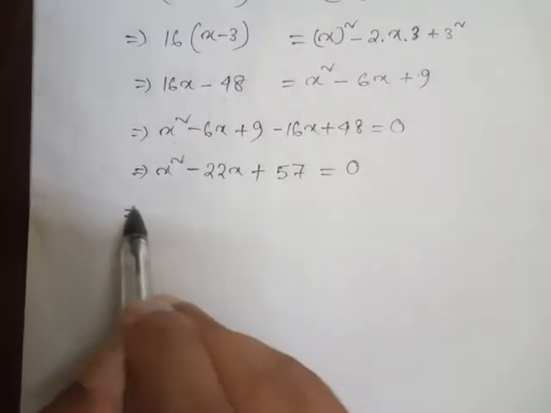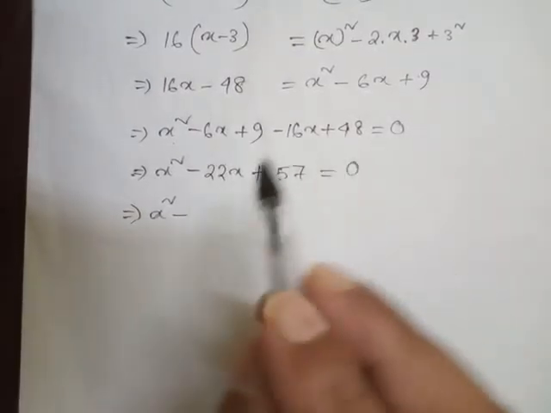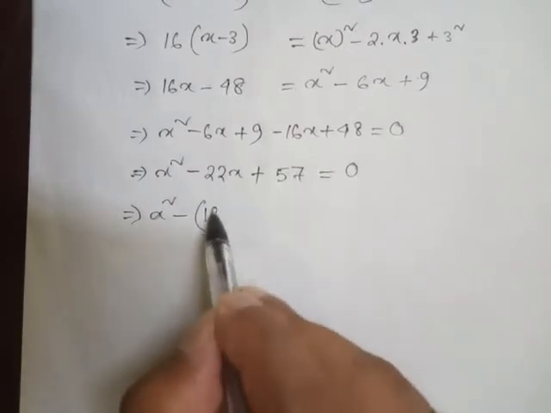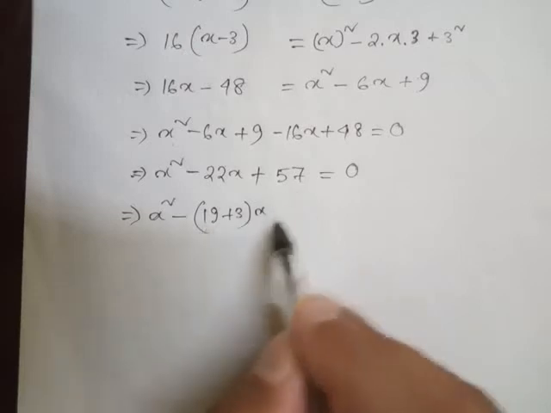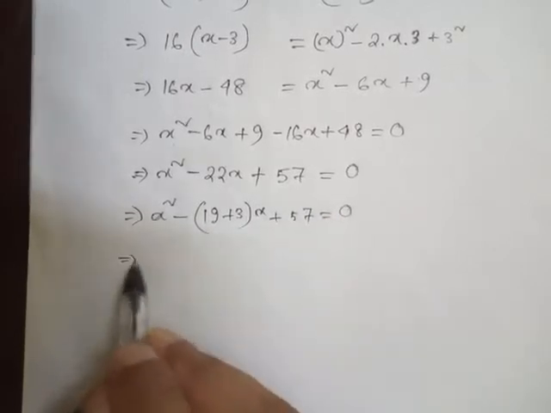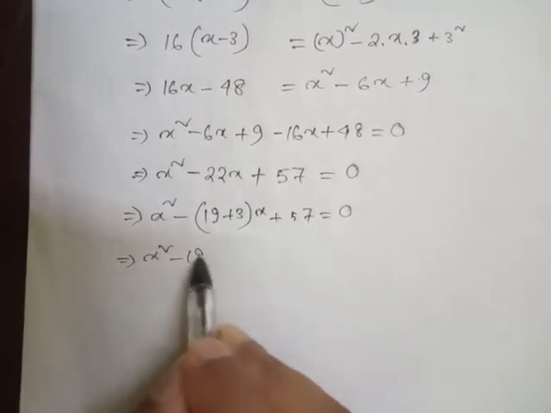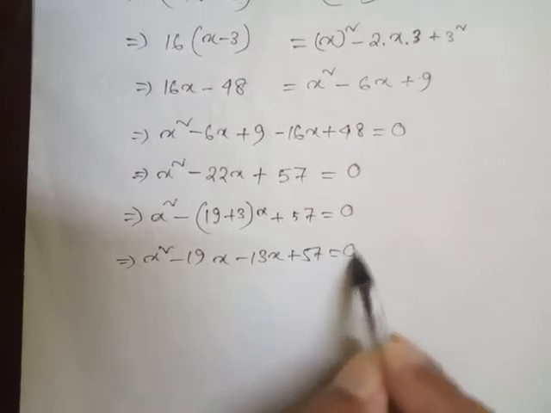Next we'll go for the middle term factorization. There is x squared minus, now look here, 19 plus 3 is 22, and 3 into 19 is 57, so we'll write 57 equal to 0. Now next would be x squared minus 19x minus 3x plus 57 equal to 0.